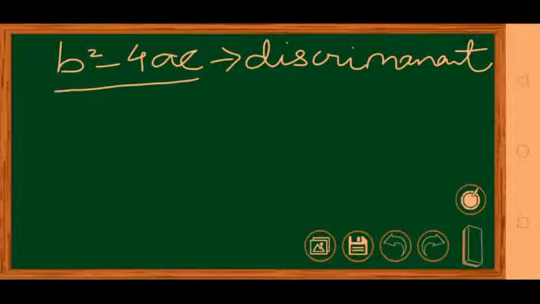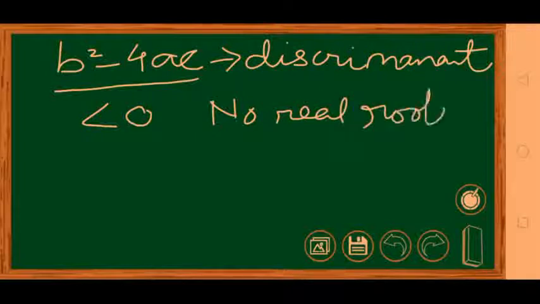Now if this value is less than 0, then the quadratic equation does not have real roots. Roots means the answers we find, or the value of x. So if it is below 0, that is, if it is a negative number, there are no real roots.